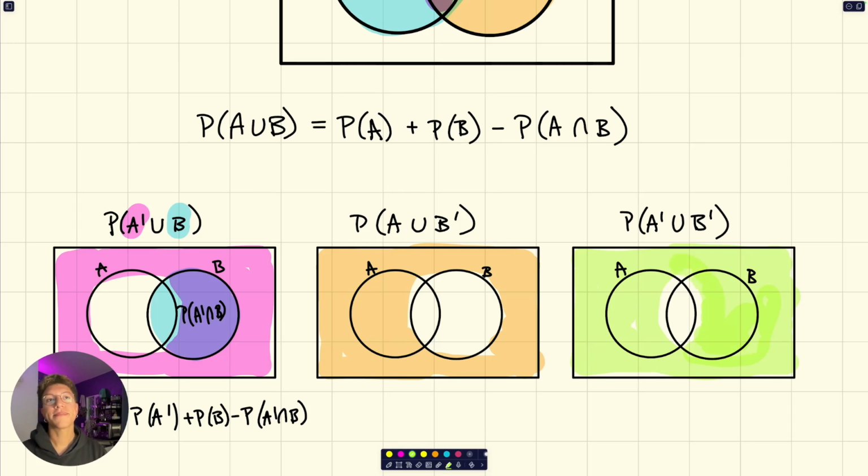So we get that. Now, this is not important, but what you might be thinking about is, well, based on this diagram, we kind of come up with a new formula. We can say that the probability of A naught union B naught is very clearly 1 minus the probability of A intersection B, like that.